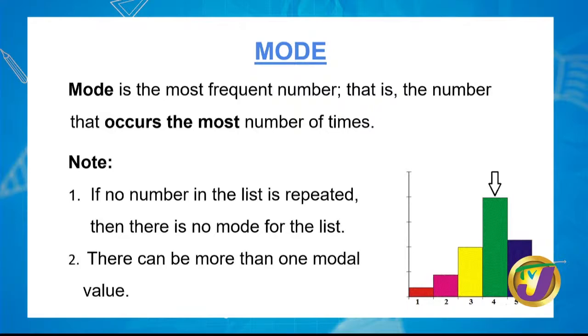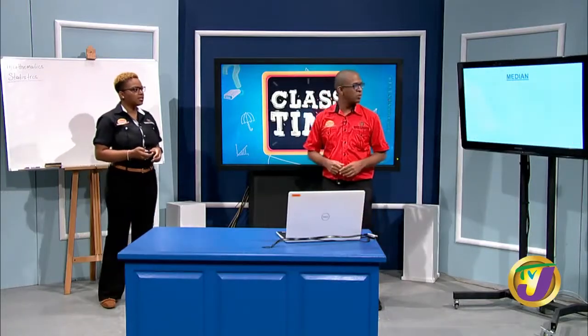There can be more than one modal value in the distribution. Okay, so you're saying that a data set or a distribution can have one mode, it can have no mode, or it can have more than one mode. Yes, it can have many. Okay, all right.